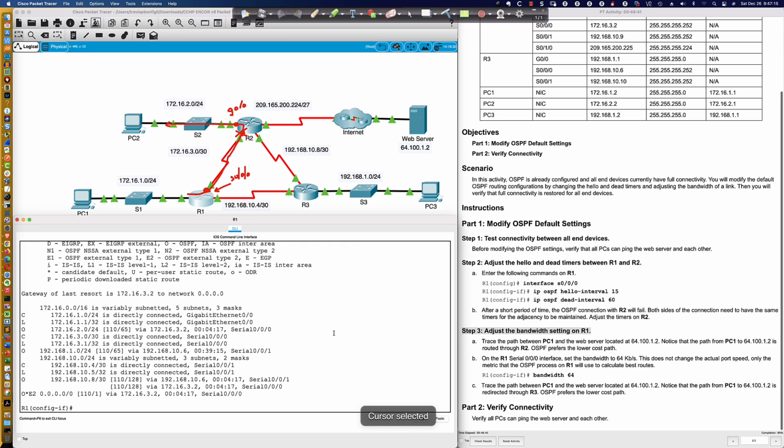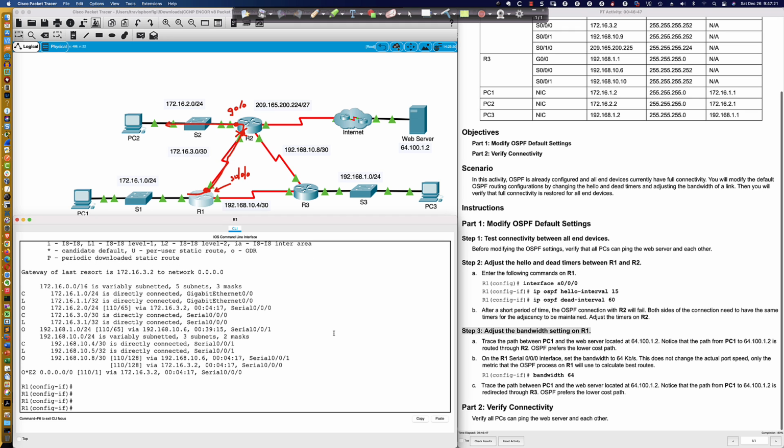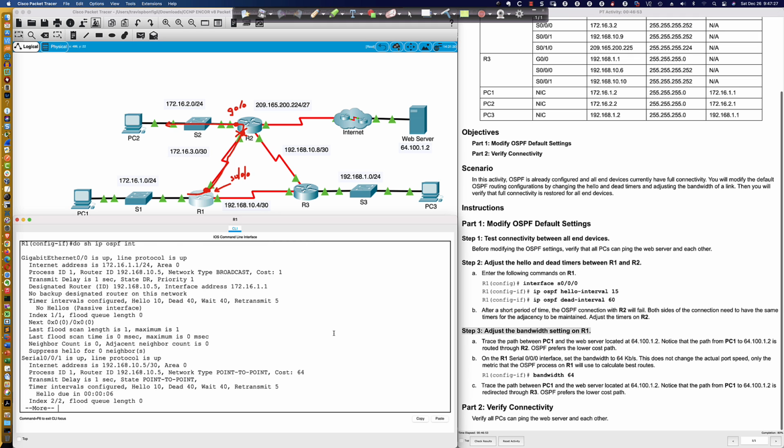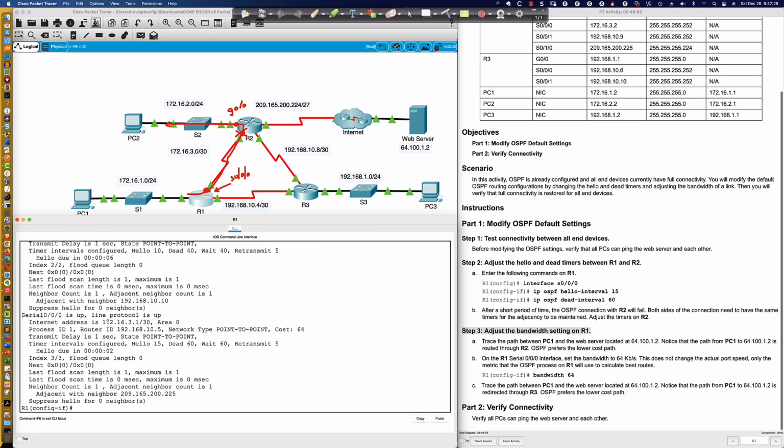And here's how you can do that. I would simply take a look at those 2 outbound interfaces by saying do show ip ospf interface. Let's take a look at serial 0/0/0. What is the cost of this interface? And there it is.